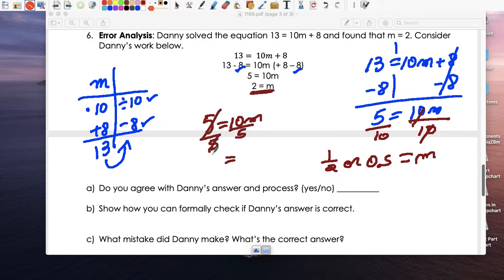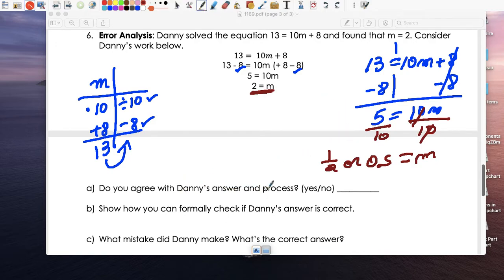This 5 divided by 5 is 1, and here 10 divided by 5 is 2m. That's not the answer yet, because I still don't have my variable isolated, right? M is not by itself. There's a coefficient of 2. I want a coefficient of 1, so I have to still divide this by 2 and this divide by 2. So I don't know what exactly she did here, but she didn't do the step correctly.